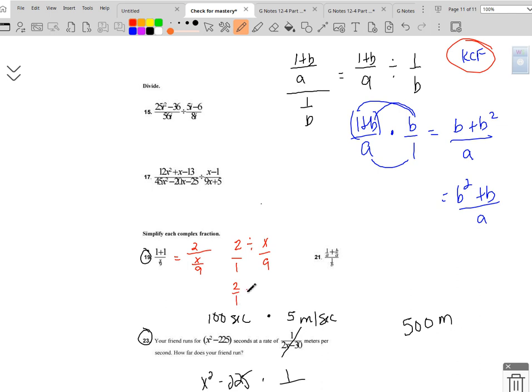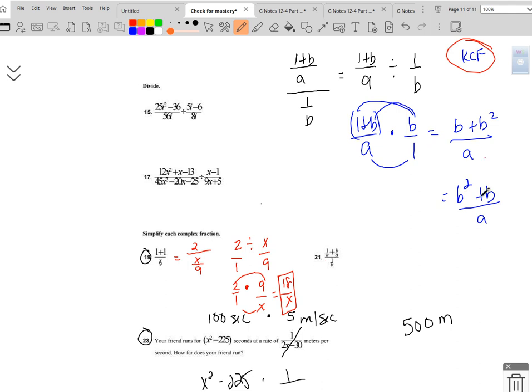What do I change it to? Times, good. 9 over x. Let's see what you did. You did 9 over 2x, right? So you added them first, all right? So now it's top times top over bottom times bottom. Okay, you were close. Good try. Okay?